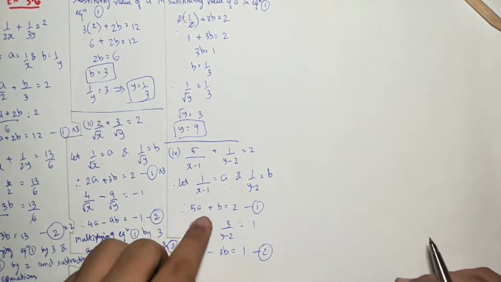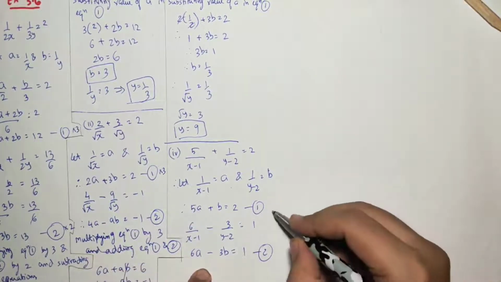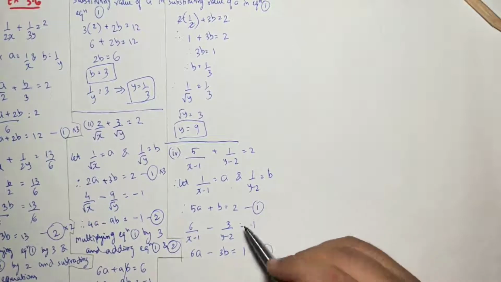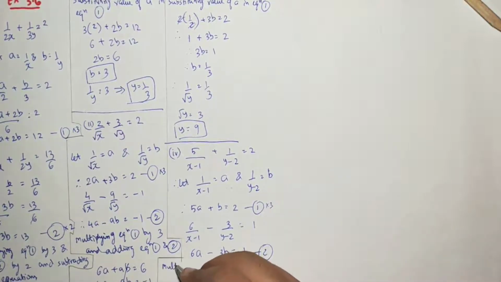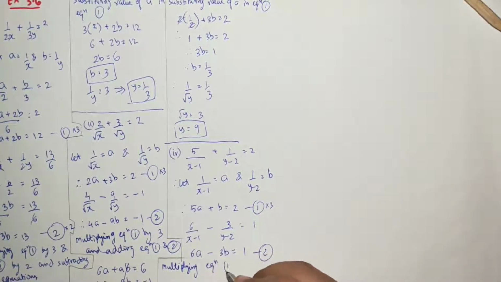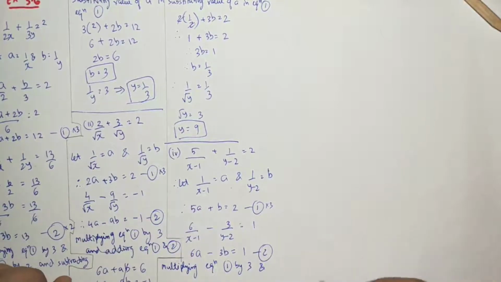Again, see the variable having different sign. b is having different sign. To eliminate b, the first equation has to be multiplied with 3. So multiplying equation number 1 by 3, and then we have to add or subtract. The signs are different, so we have to add.